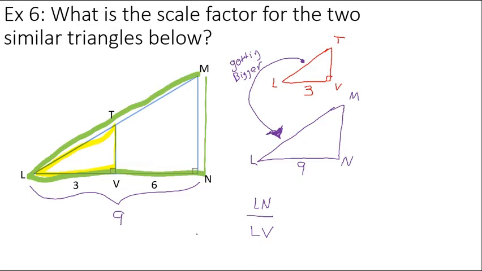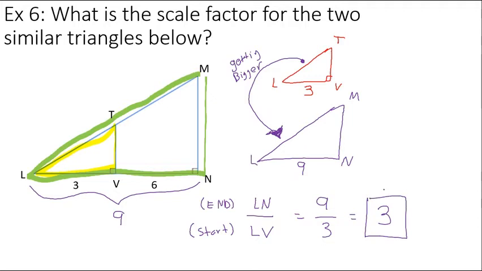So you always start off by putting where you start on the bottom and where you end on the top. We ended at 9, so I put a 9, and then we started at the 3, so it's 9 over 3. And 9 divided by 3 is 3. So this 3 right here, that's my scale factor.